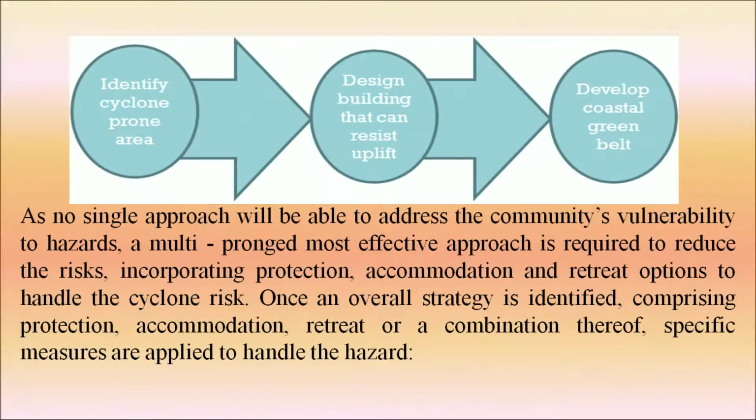As no single approach will address the community's vulnerability to hazard, a multi-pronged, most effective approach is required to reduce the risk, incorporating protection, accommodation and retreat options to handle the cyclone risk. Once an overall strategy is identified, comprising protection, accommodation, retreat or a combination thereof, specific measures are applied to handle the hazard.